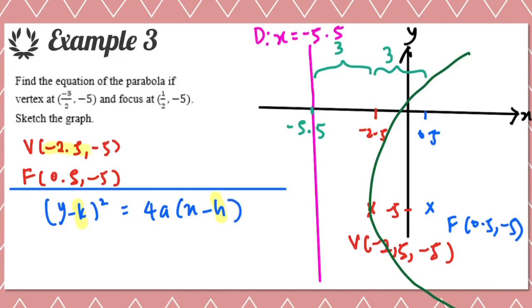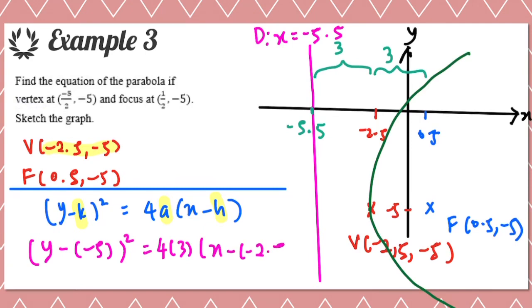Therefore, let's fill in our vertex here, h, k, just taking from this value, and then let's fill in our a, which is equal to 3. So let's write the values: (y minus 5) squared equal to 4 multiplied by a, which is 3, times (x minus 2.5).